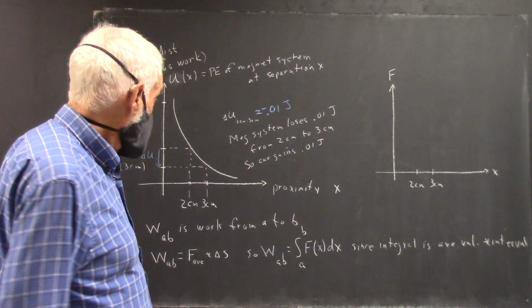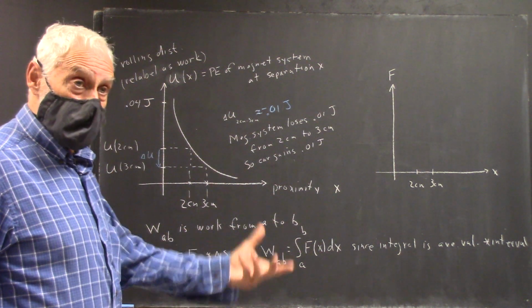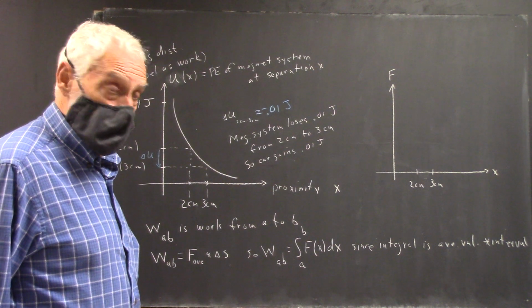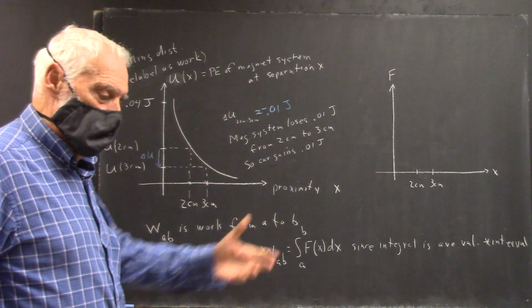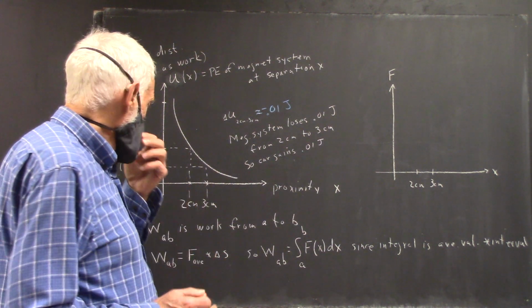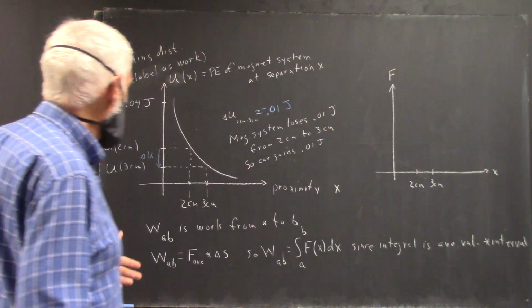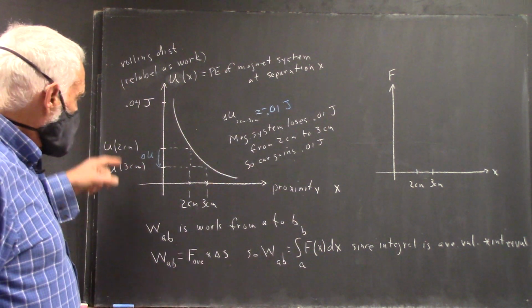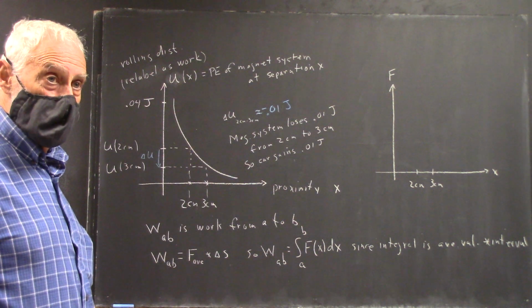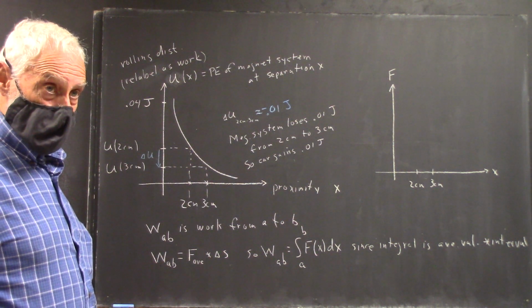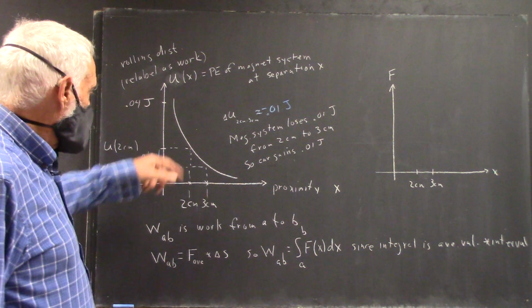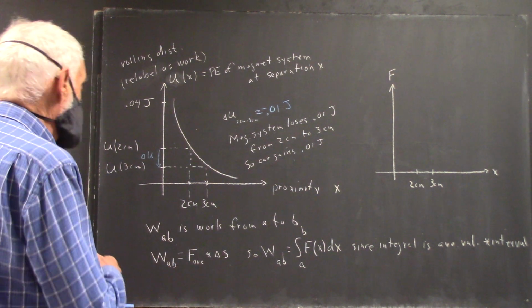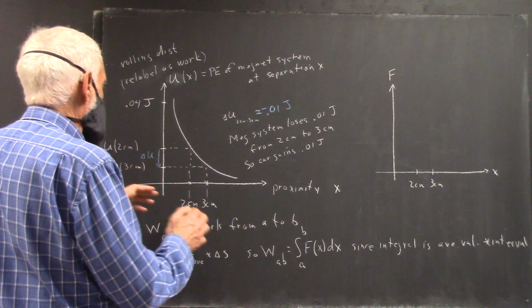Well, delta U is a change in potential energy, right? It's equal and opposite to the work done by the conservative force, the magnetic force, between the 2 centimeter and 3 centimeter positions.